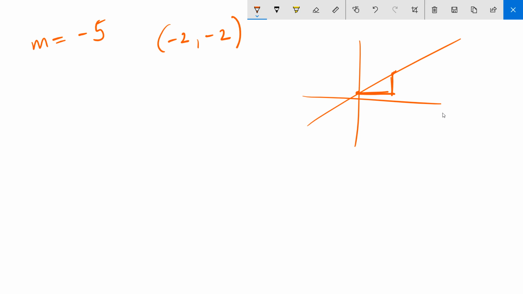That ratio will always be the same on the line. That ratio we call rise over run. Even if I took a different interval, the rise over run will give me an equivalent fraction. Does that make sense?